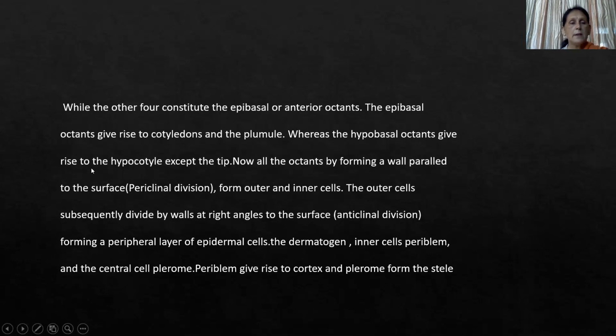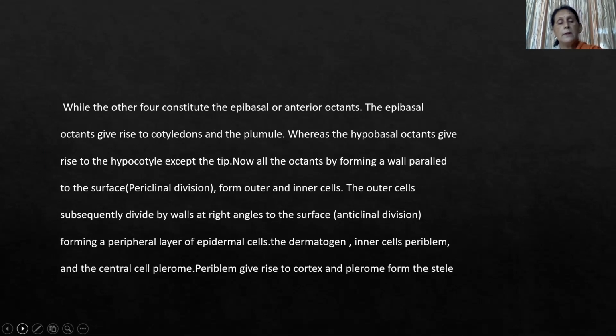Here you see the other 4 cells, which are called the epibasal octant, or anterior octant. The epibasal octant gives rise to the cotyledons and the plumule.